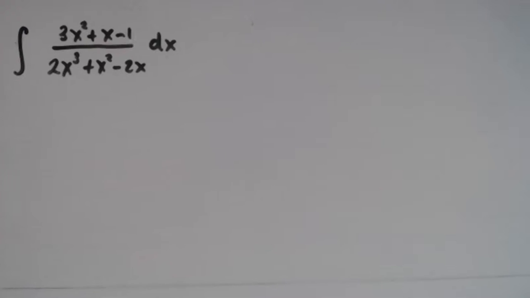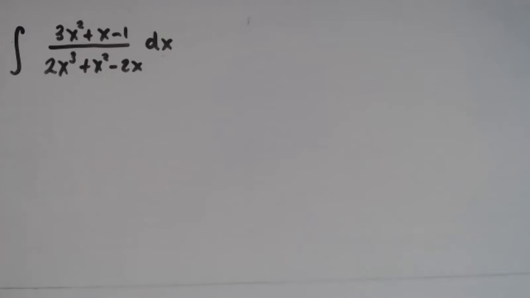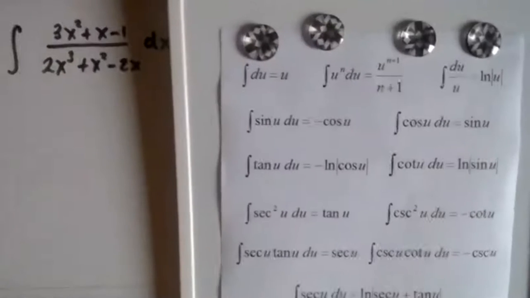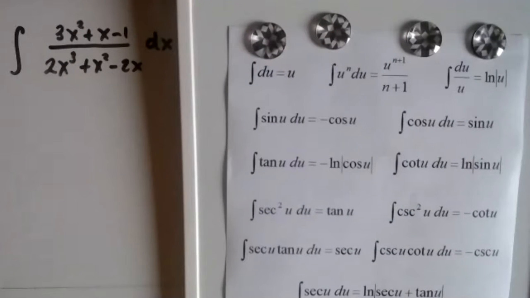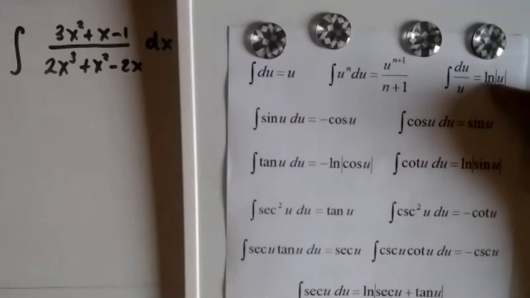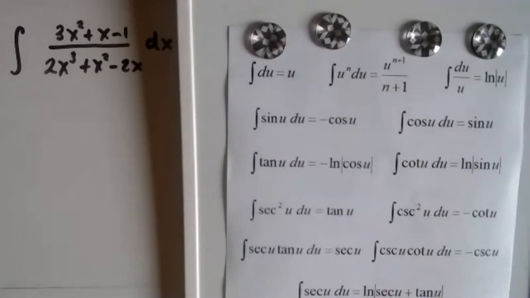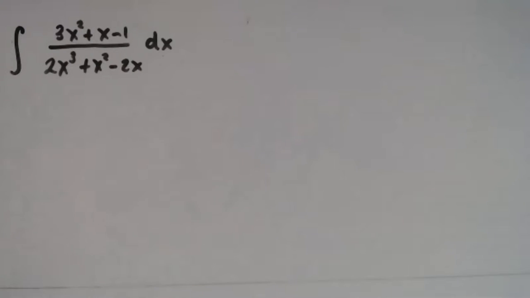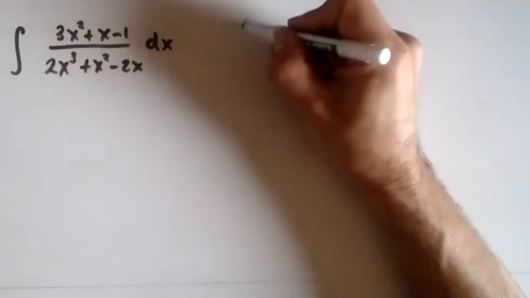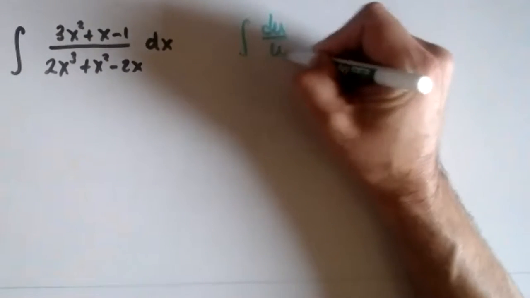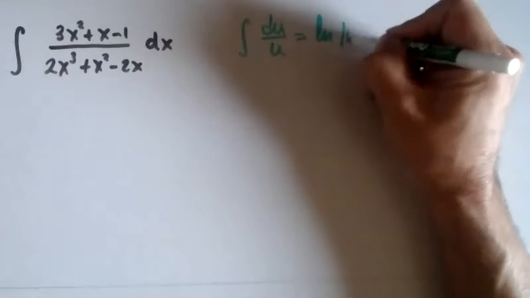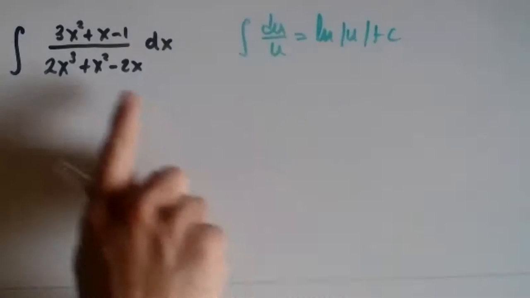Here is my problem. Now I have to see again which formula is going to help me. I guess again it's going to be du over u. So my formula, let me put it in green, is the integral of du over u equals ln u plus c. I'm going to try to match this one.